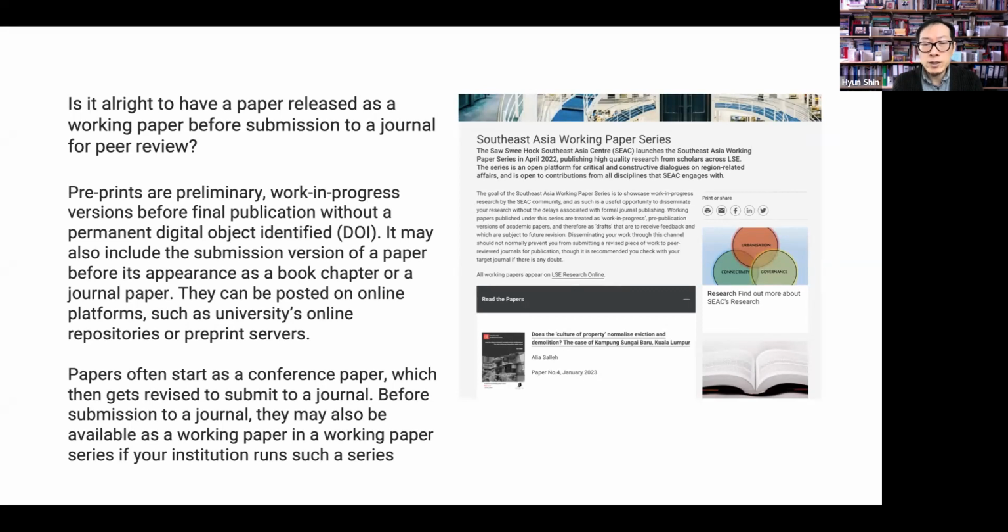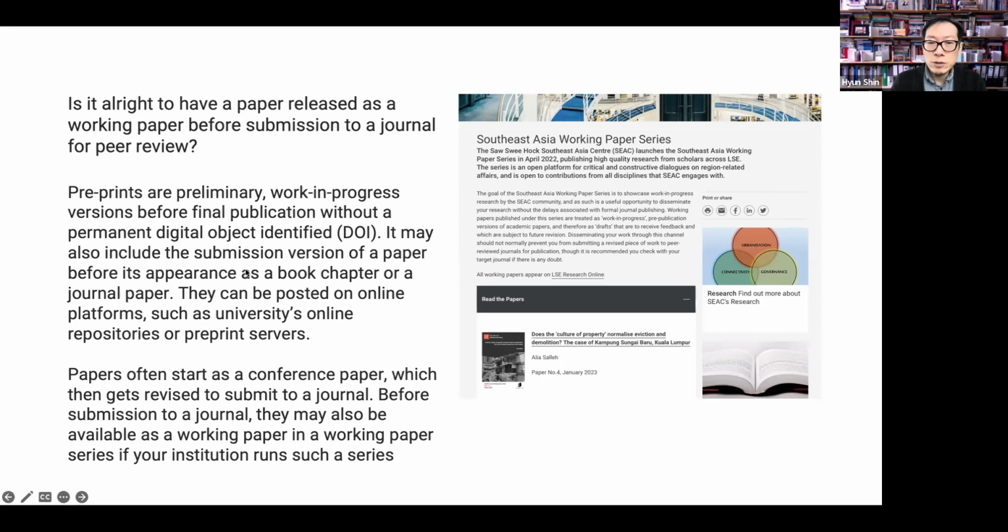It's quite a common practice to have your preprint on those servers. Nowadays, UK universities also encourage, basically require, their researchers to submit the submission version of their paper to the university server when papers are accepted, to have it available as a preprint.